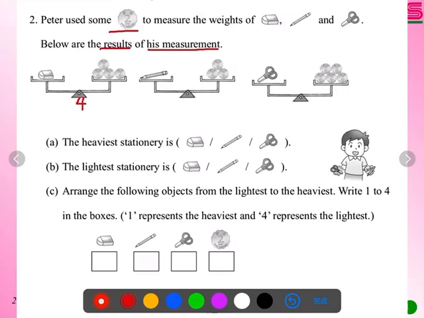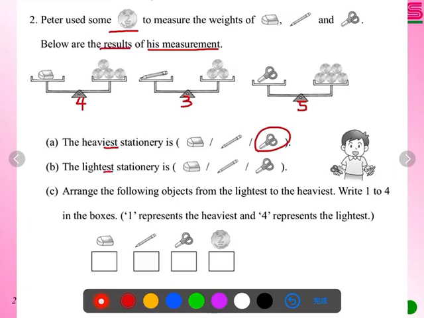When you look at the pictures, I suggest you write down the number of $2 coins at the bottom. For example, for the eraser, he got 4 $2 coins. That means the weight of the eraser is about 4 $2 coins. Pencil, 3. Scissors, 5.